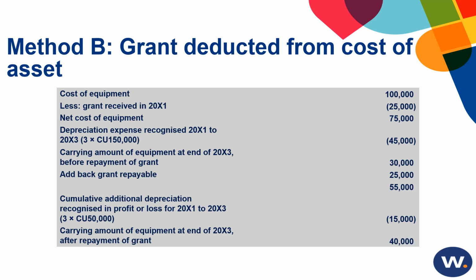This amount is an amount of 5,000 Rand times the 3 years, therefore 15,000 Rand. So the carrying amount of the equipment at the end of 20x3 after the repayment of the grant then comes down to 40,000. 55,000 minus 15,000 brings us to a carrying amount of 40,000 Rand.